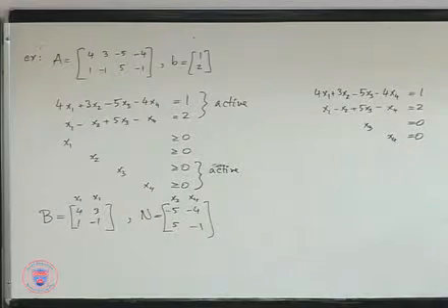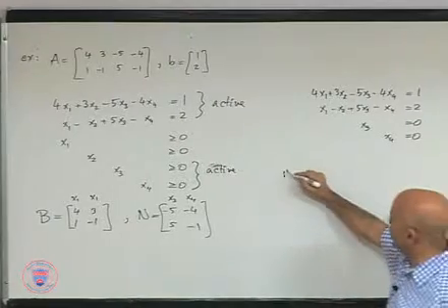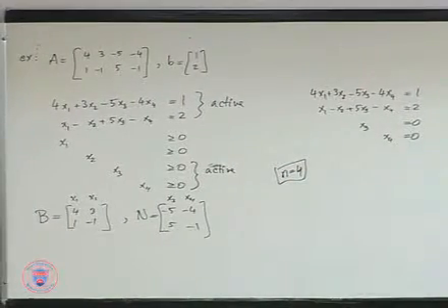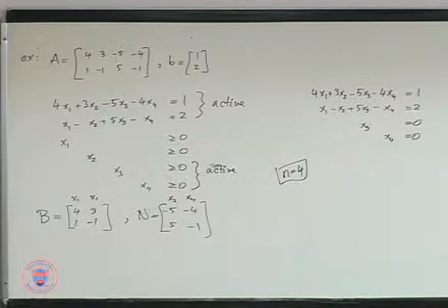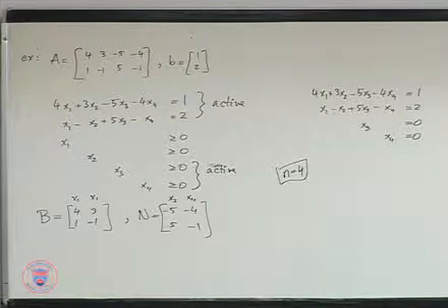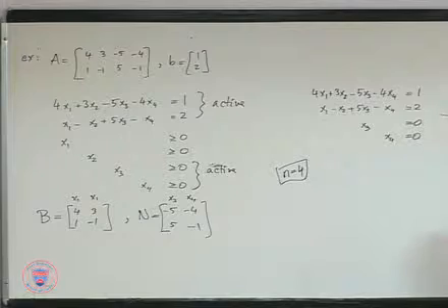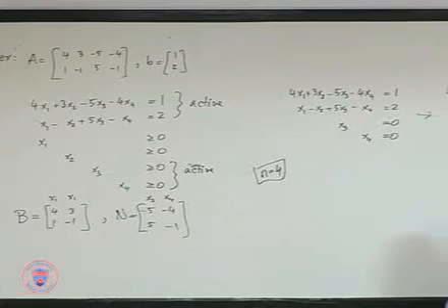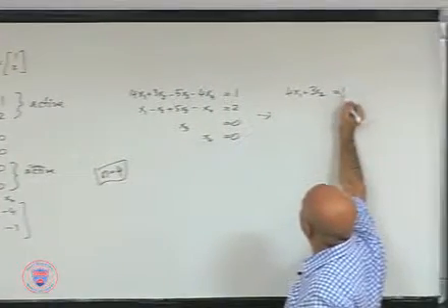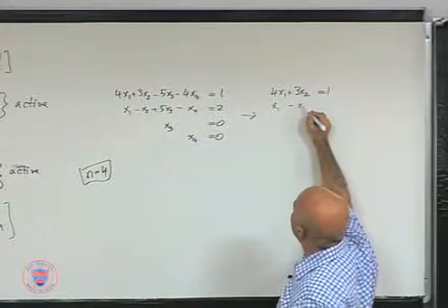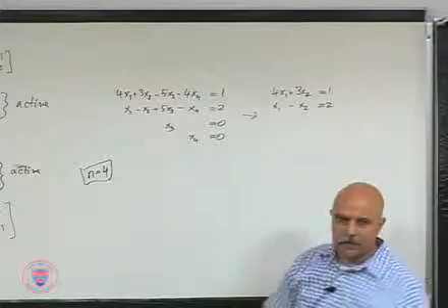That's the system you've got. You're in 4 dimensions, and you've got 4 equations that you hope are also linearly independent. Now, of course, with x3, x4 being equal to 0, you've got 4x1 plus 3x2 equals 1, and x1 minus x2 equals 2. That's what it gives you.